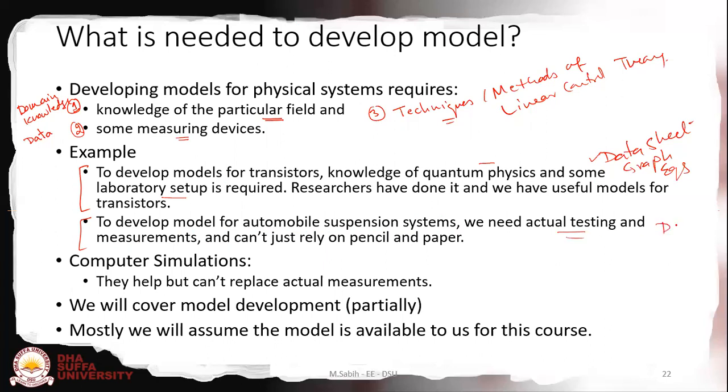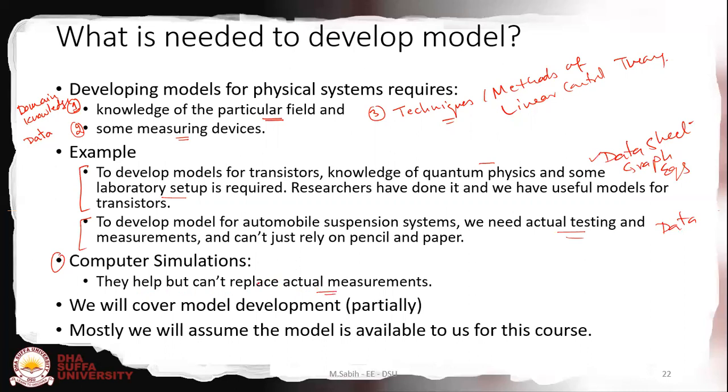Here come the data and the measurements. We cannot just sit and make paper and pencil diagrams. Okay, so both things go hand in hand. Computer simulations help, but they cannot replace the actual measurements.